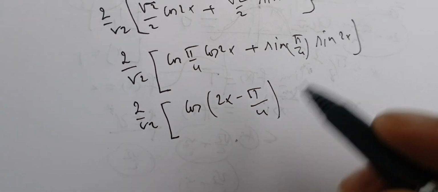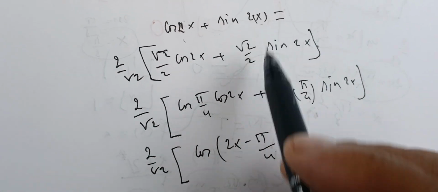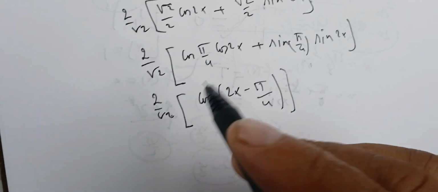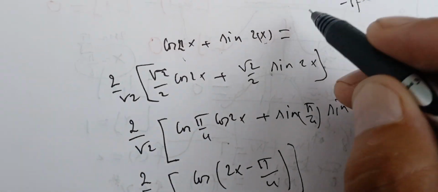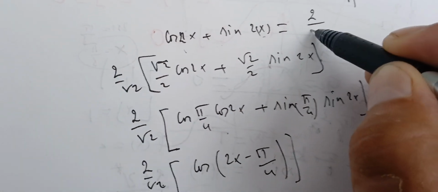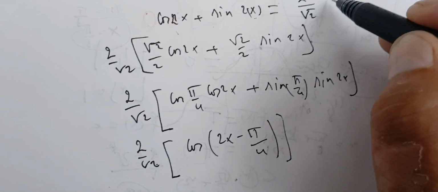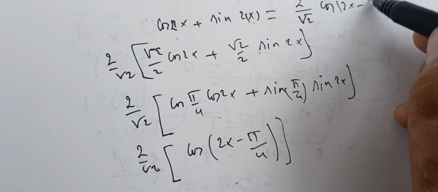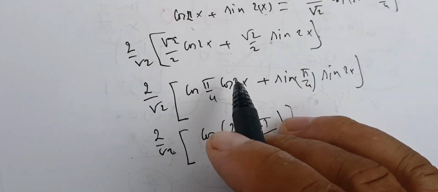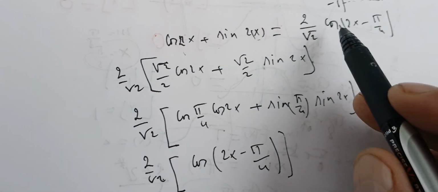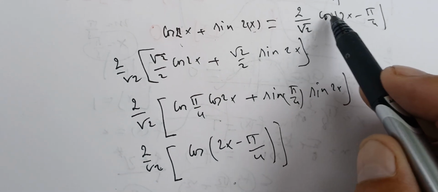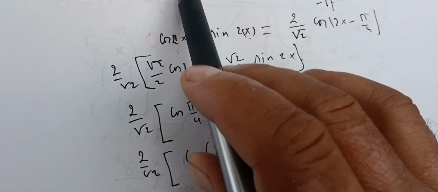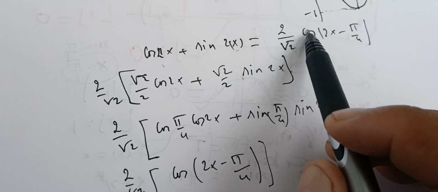Therefore, this is just 2 over square root of 2 times the cosine of 2x minus pi over 4. So my f of x is the same as this one here.